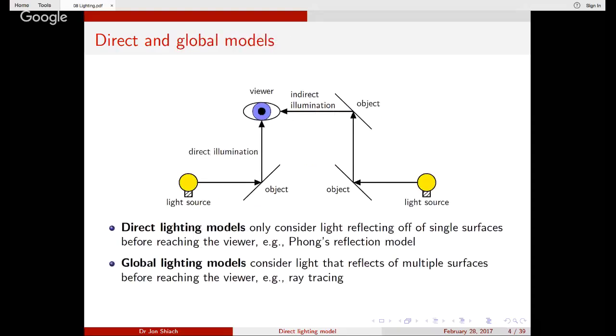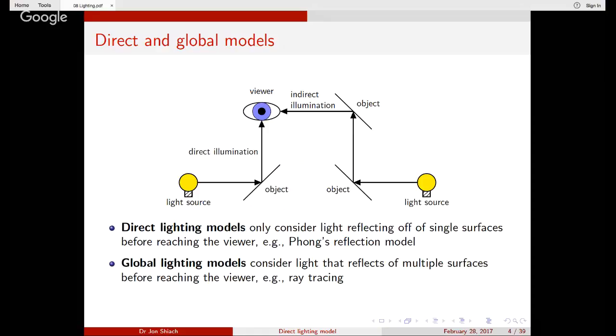From a mathematical point of view, it's very computationally expensive to actually deal with indirect illumination. So direct lighting models are what we're considering today. There are models which take into account the bounce around of light, but we won't consider those.